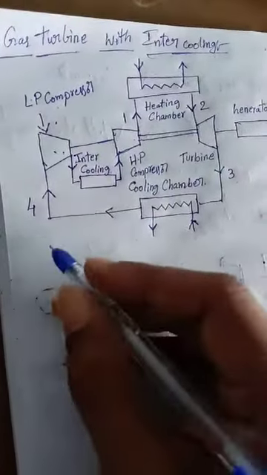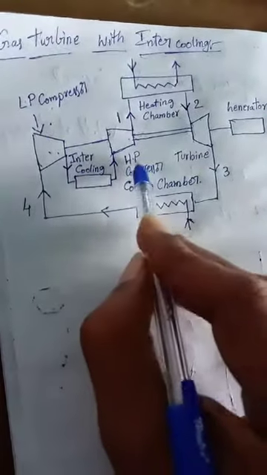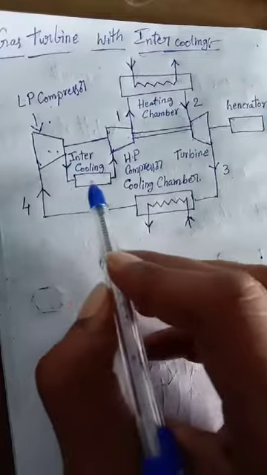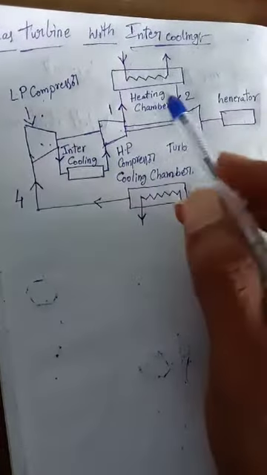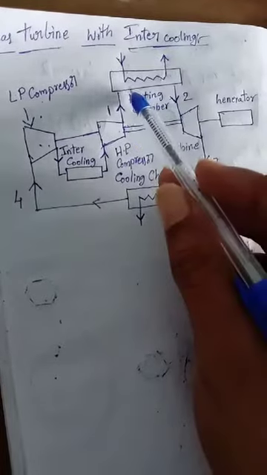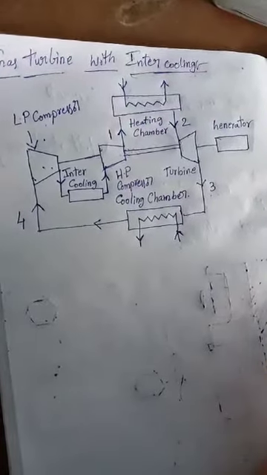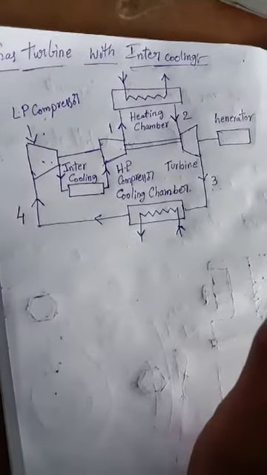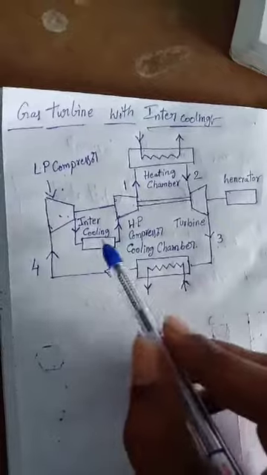Okay, now this is the intercooling. Look here, low pressure compressor, high pressure compressor. In between we are fixing the intercooling like this. And then 1, 2, 3, 4 is the same process as in a gas turbine. Okay, so this is the modification of this diagram.